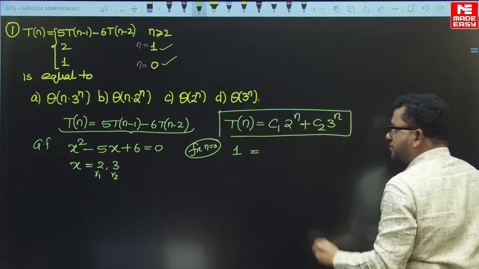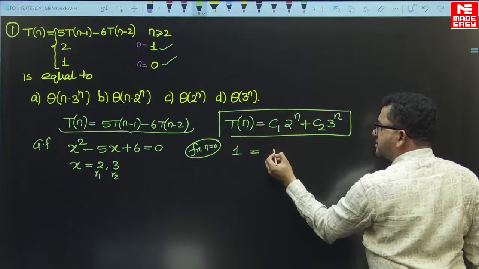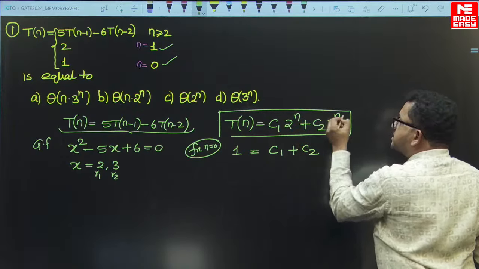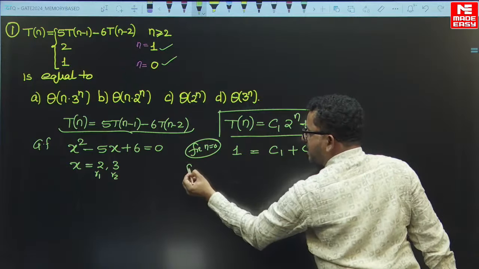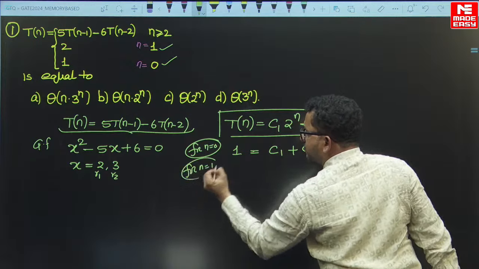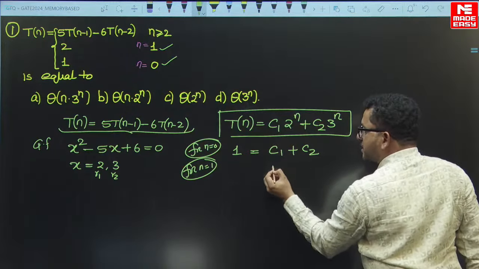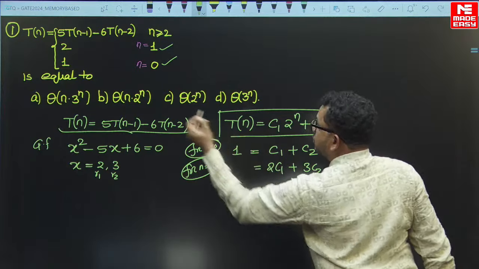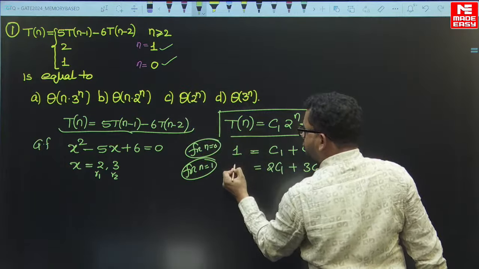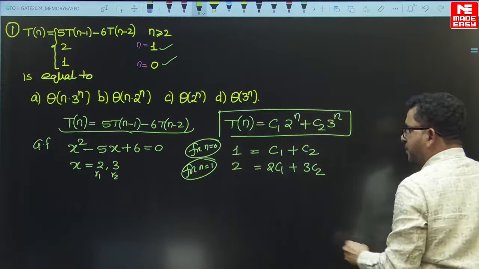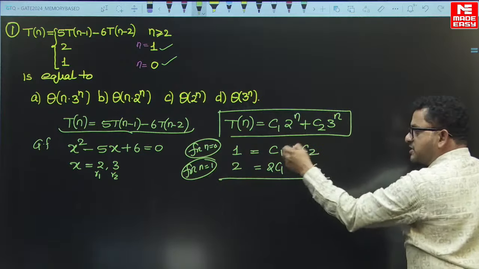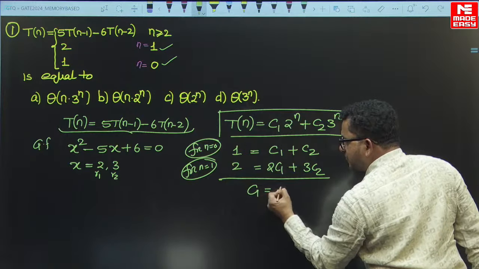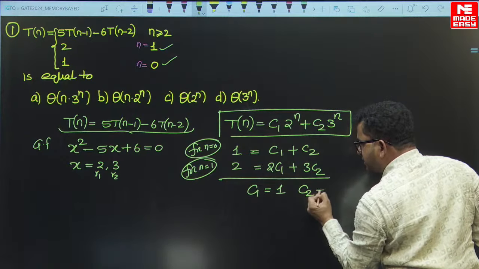For n equal to 1, it becomes 2C1 plus 3C2, and this value is 2. From this, find the C1 and C2 values.